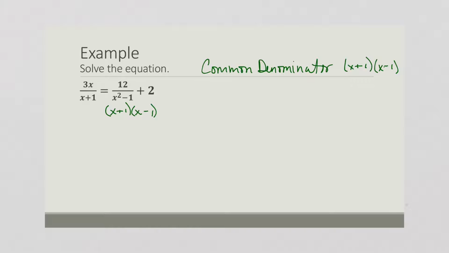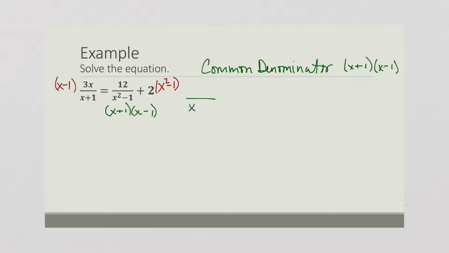When I rewrite my equation, I know that the first term needs to get multiplied by x minus 1. The second is just fine, but the last term needs to get multiplied by both. So multiply by x squared minus 1, the whole thing.